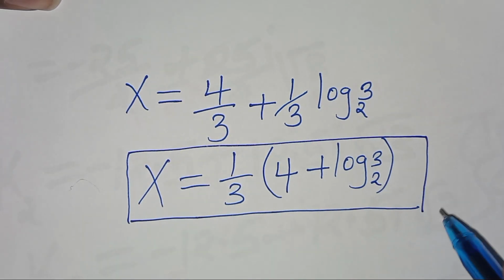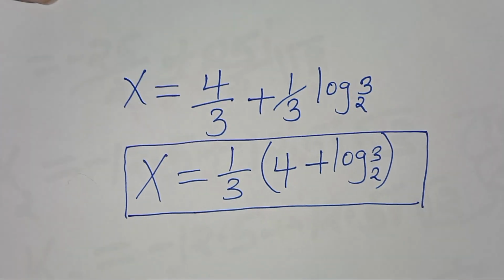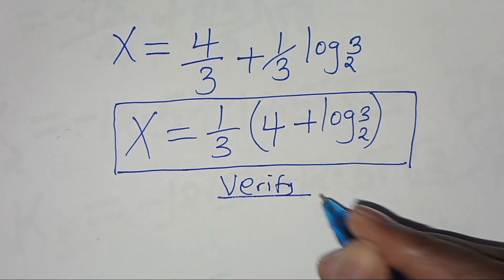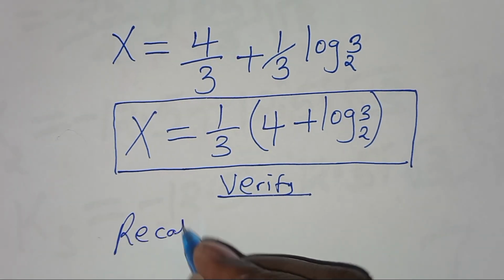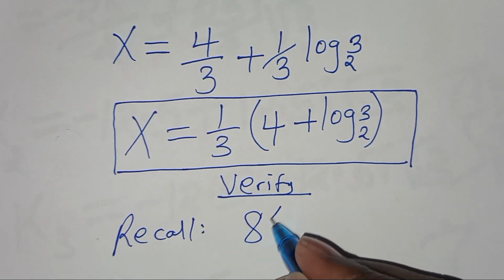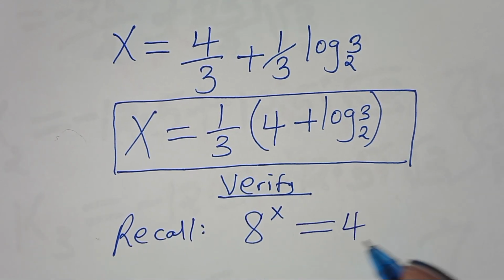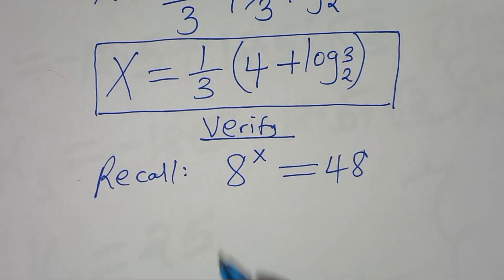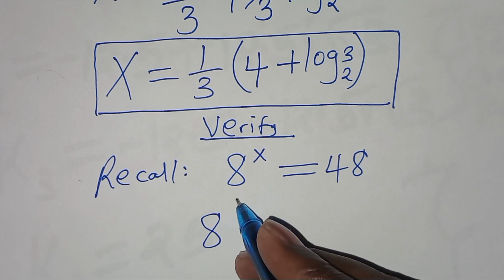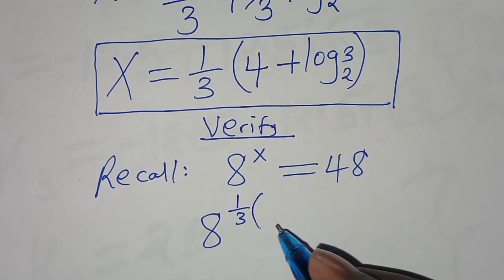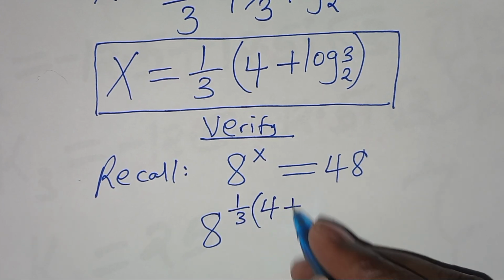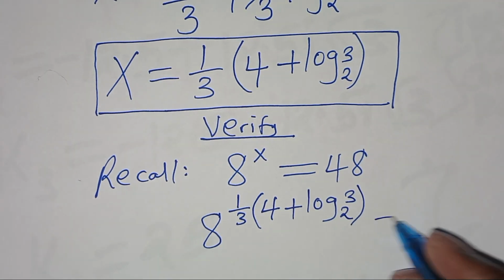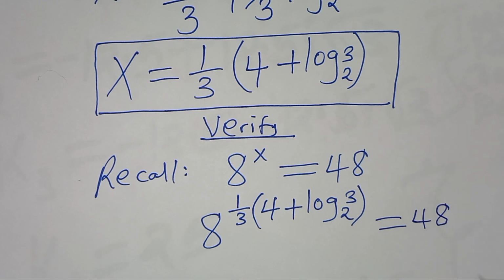Now, from here, let's verify that this value of x actually satisfies the equation. If you recall, we started with 8 to the power x, which should give us a value of 48. Substituting here the value of x, we'll have 8 to the power 1 over 3 times the parentheses 4 plus log 3 to base 2, which should give us 48.